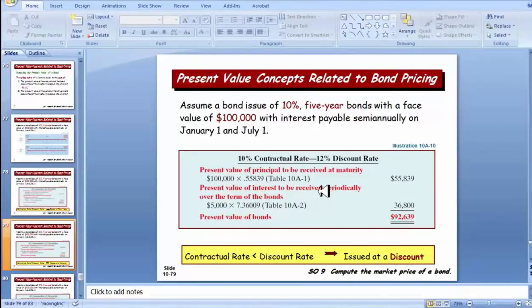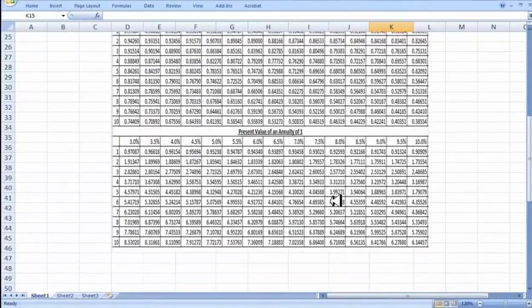And then the present value: we're receiving $5,000 every 6 months for 10 periods. What's the present value of an annuity of 1? So we come over here. Present value of an annuity of 1 at 6%. There's 10 periods, 6%, 7.36009.